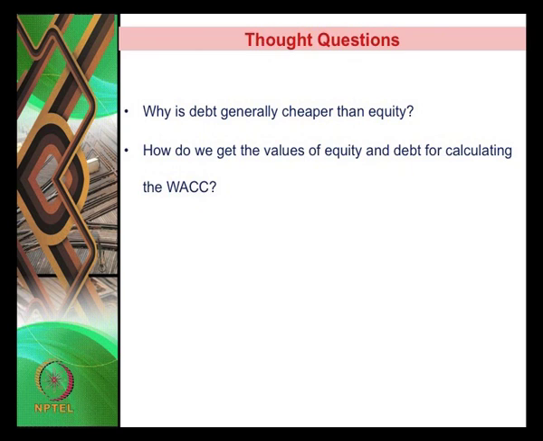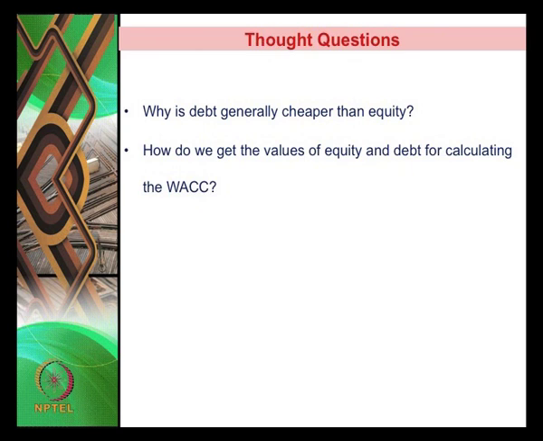So this brings us to the end of this lecture, and before we close, a couple of thought questions. Question number 1, why do we generally consider debt to be cheaper than equity? What is the principle behind debt being cheaper than equity?